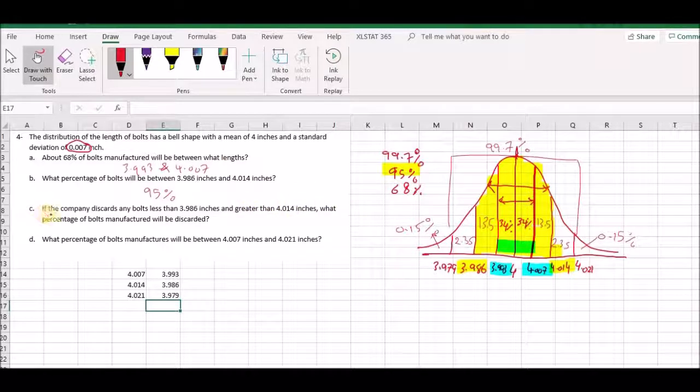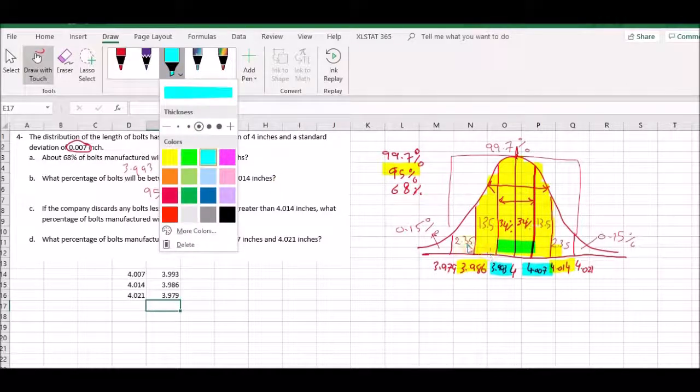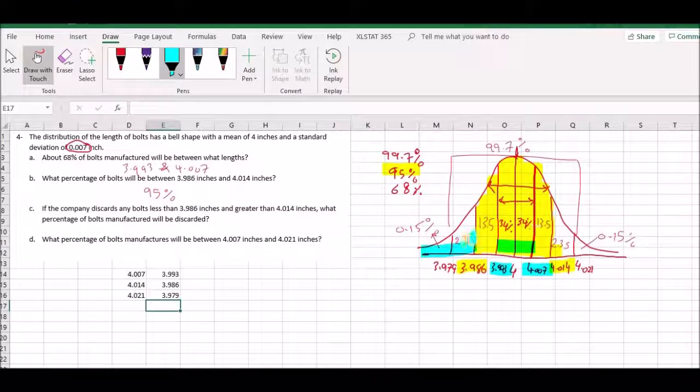The next question, if the company discards any bolts less than 3.986 inches and greater than 4.014 inches, what percentage of bolts manufactured will be discarded? So that area represents all of the bolts that are less than 3.986 and greater than 4.014.